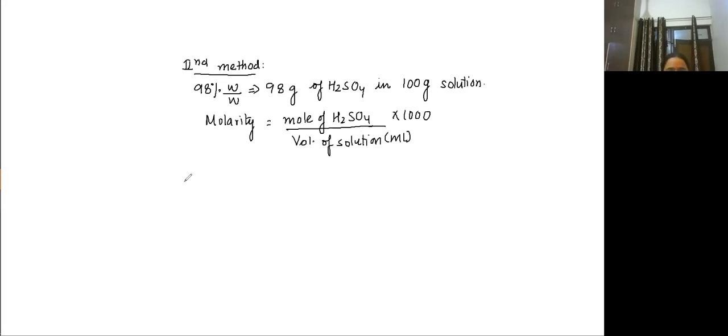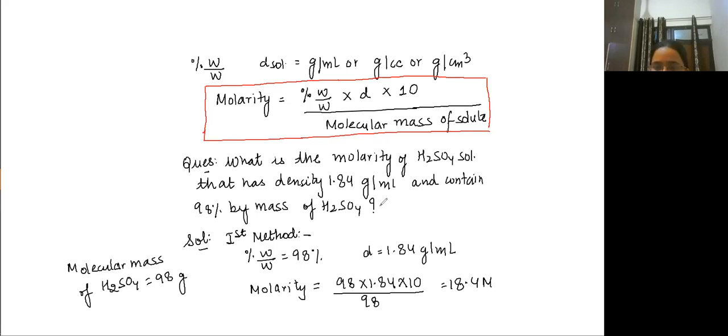What are the moles of H2SO4? Weight of H2SO4 is given as 98, so moles of H2SO4 will be 98 divided by 98, that is 1. Now the weight of solution is given as 100 grams, and density is 1.84.